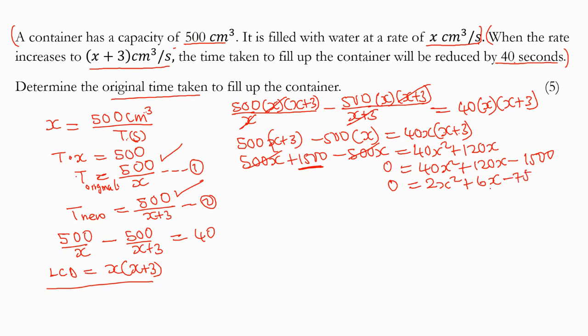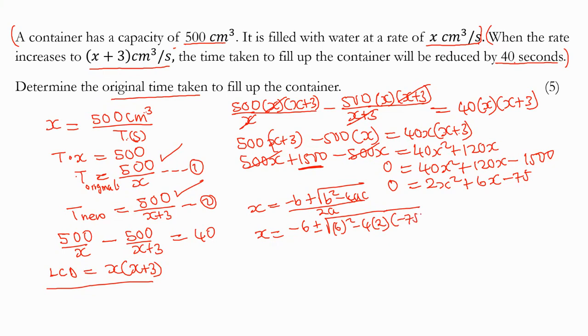So now to factorize this may be a problem. Let's use the quadratic formula. So x is equal to negative b plus or minus the square root of b squared minus 4ac, over 2a. Then x is equal to, b is 6, so it's going to be negative 6 plus or minus the square root of 6 squared minus 4. a is 2. Then c is negative 75.